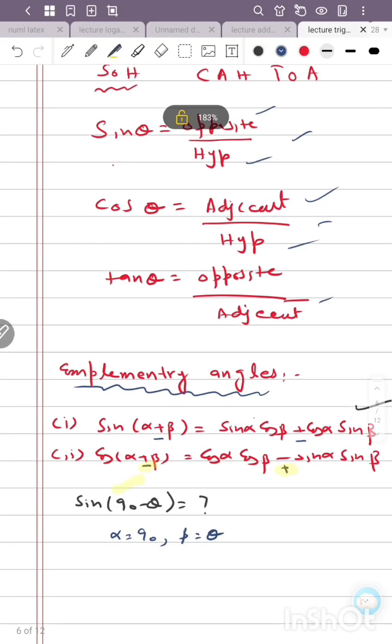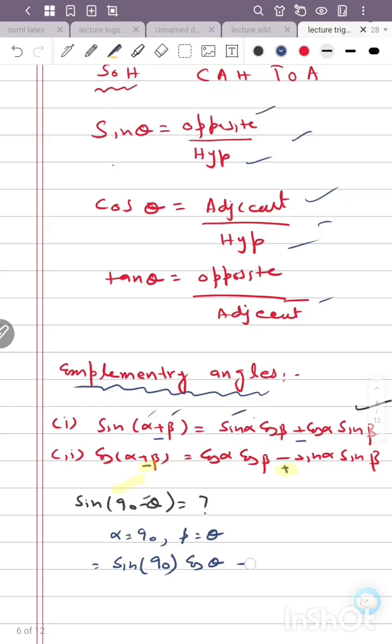The first angle is alpha, the second angle is beta. Now look at this one, sine alpha, what is alpha? Alpha is 90 degrees. Cos beta means cos theta, and there is a negative sign, so it will also be negative.